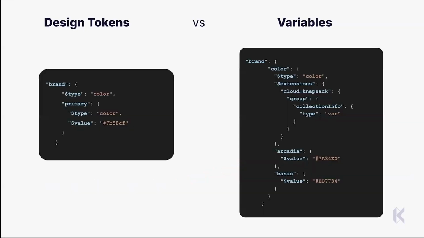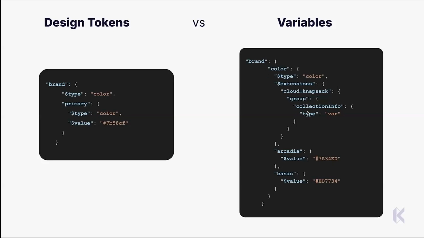We see this here, looking at the code example. If you're not a developer, trust we can make this make sense, right? This is showing I've got brand and I've got a color token and it's got a value. So brand color primary is this value, full stop. Name, value. On the right, we have the same thing, but in variables, and it says I've got brand, color, it's a color token.